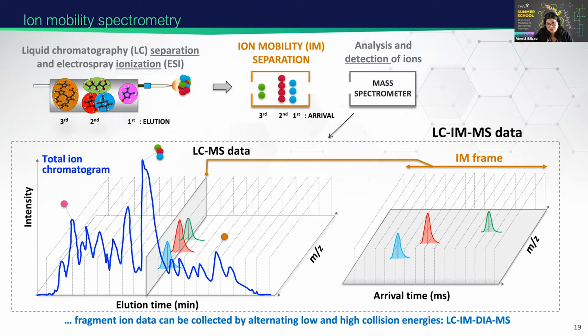The collision cell is activated to fragment the ions after the ion mobility separation. In this way, we can generate fragment spectra on a fragment ion mobility frame, where the fragments have the same mobility as the precursor, and then we can apply deconvolution algorithms to group them.